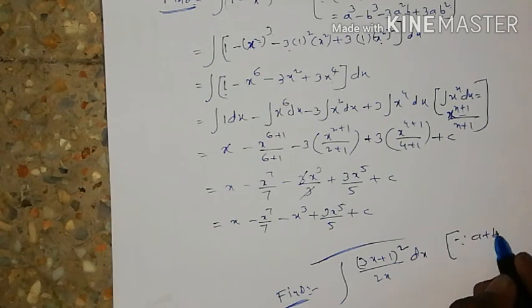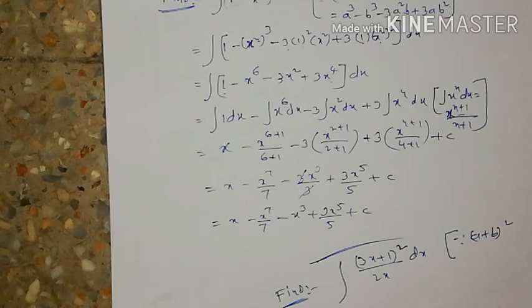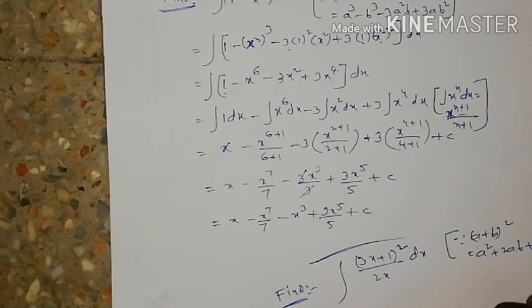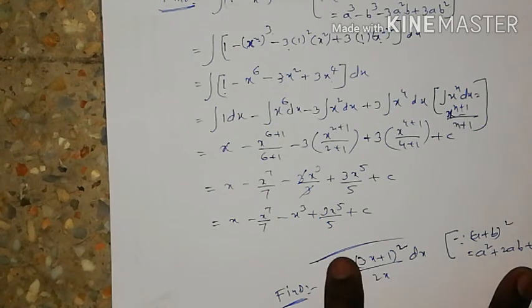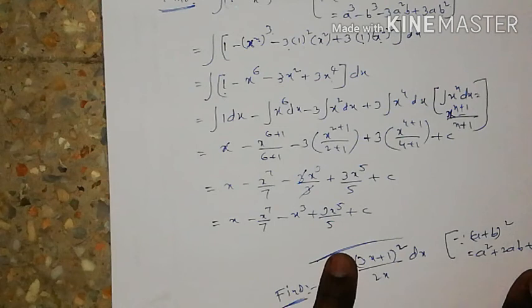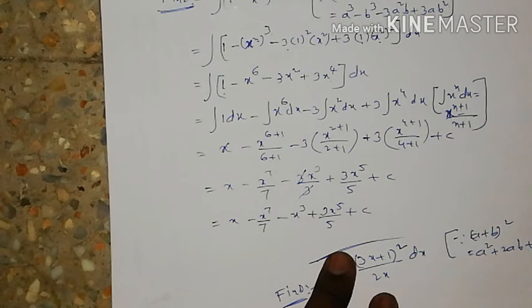It is in which form? (a plus b) whole square, which is nothing but a square plus 2ab plus b square. Expand the numerator using this formula, then you get 3 individual terms. Then write the denominator as it is, 2x.